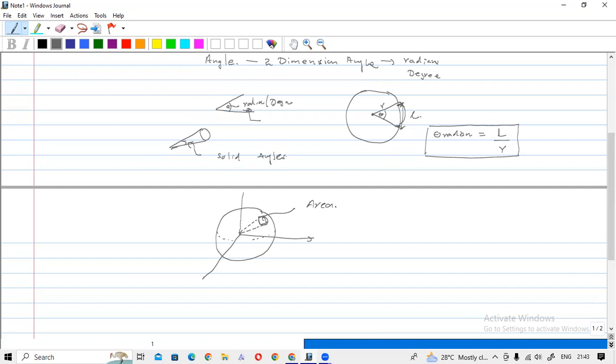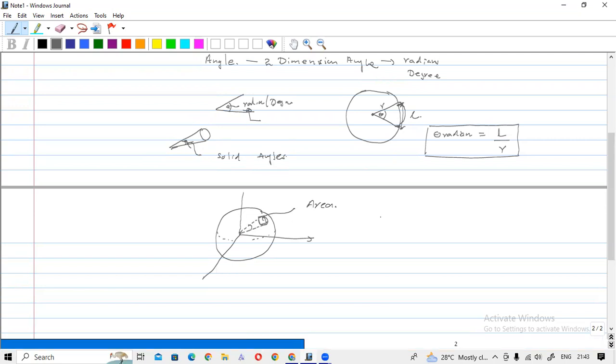So this angle surrounded by this cone is called the solid angle. It is normally denoted like this, omega.